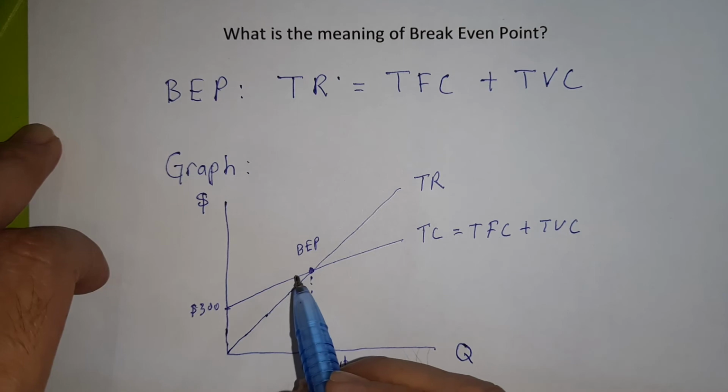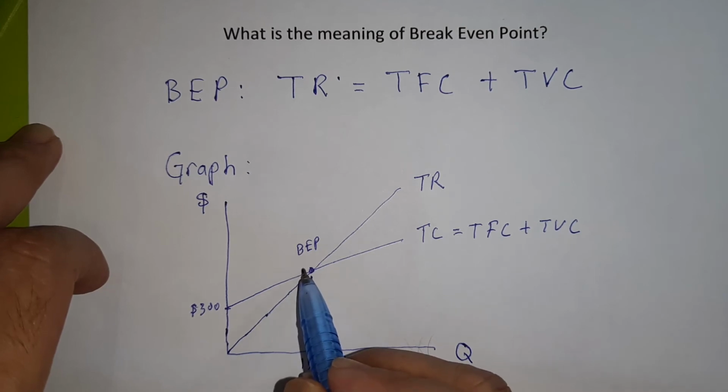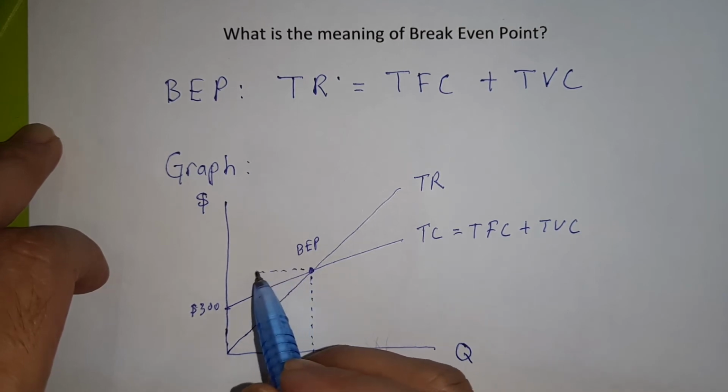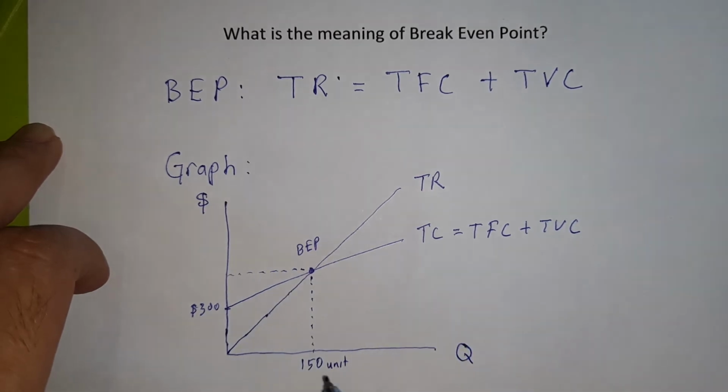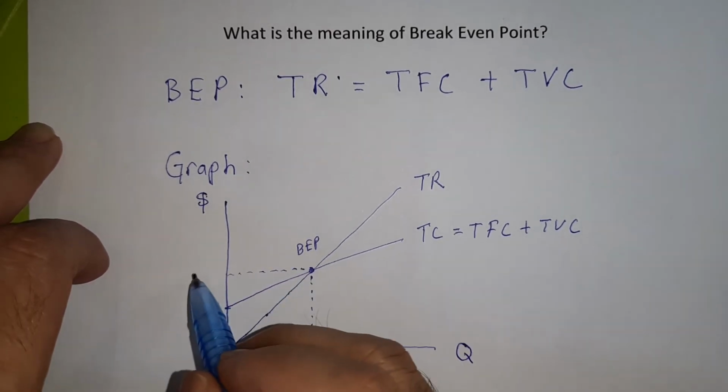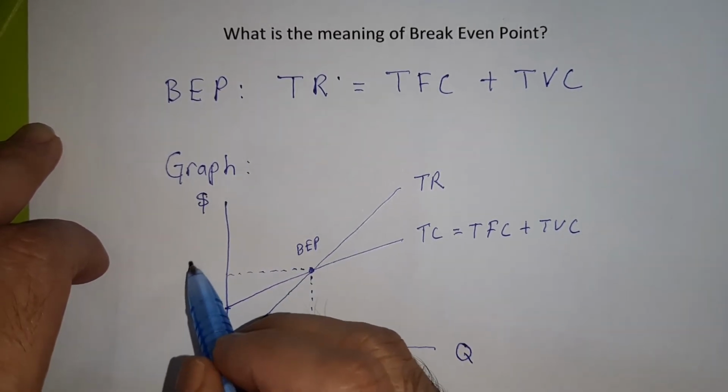And also, the break-even point can be seen in terms of dollar. This is called break-even point in terms of quantity. This is called break-even point in terms of dollar.